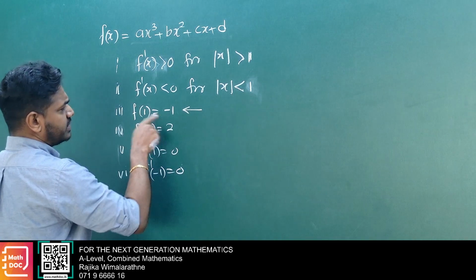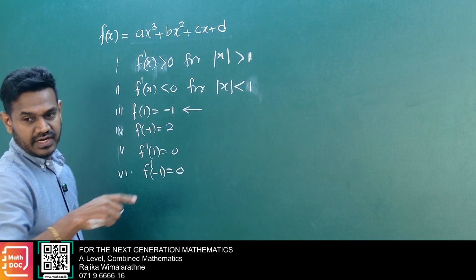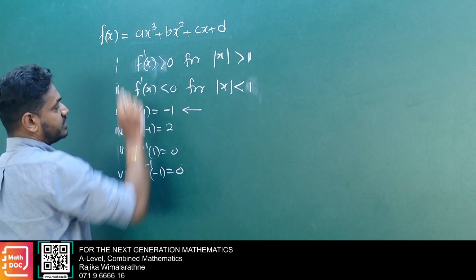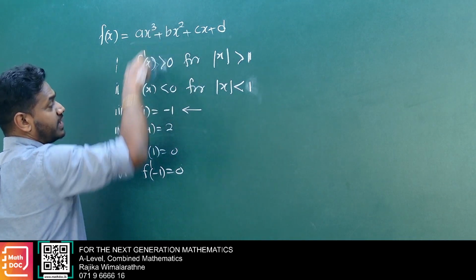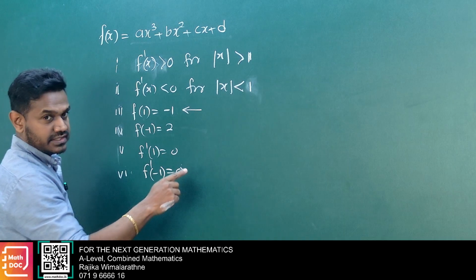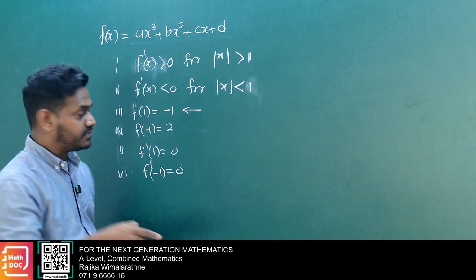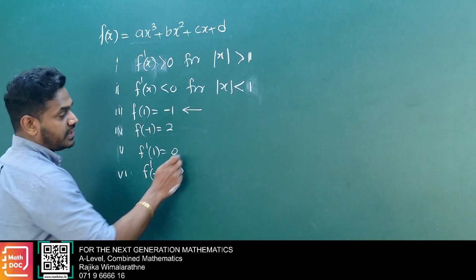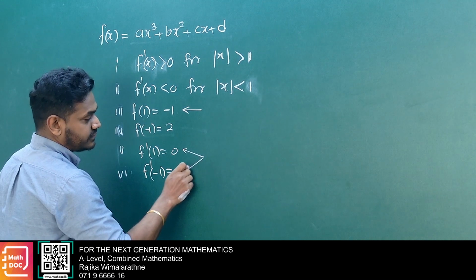Here this is f(1) equals minus 1. So f(1) means the image of 1, so you can substitute 1. Then f(minus 1) equals 2, you can substitute minus 1. Here f dash 1 means for the derivative you substitute 1. The result will be 0. f dash minus 1 is 0. Derivative 0 cases we call critical values.